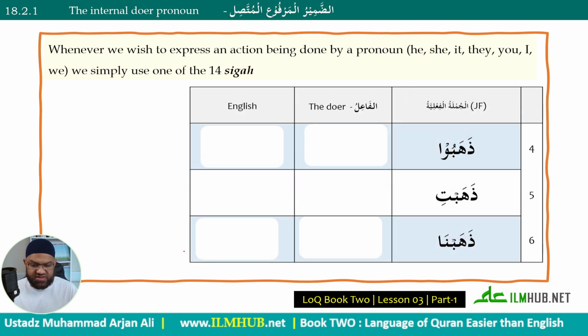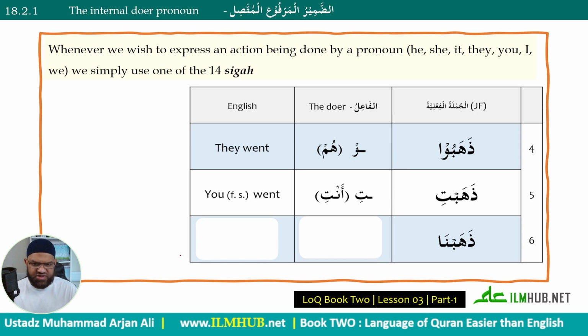Let's look at 3 more examples where we're expressing the doer with a pronoun, so we don't need anything else. Dhahabu, again, it should be very easy for you to tell me that the wow is the doer. They went, representing whom, of course. Dhahabti, you should be able to tell me the doer is ti, representing anti, you, feminine singular.